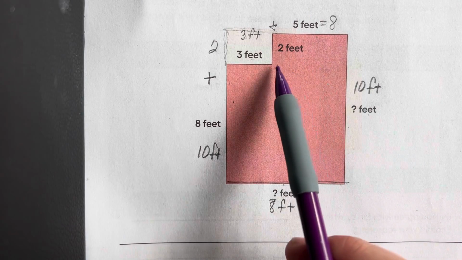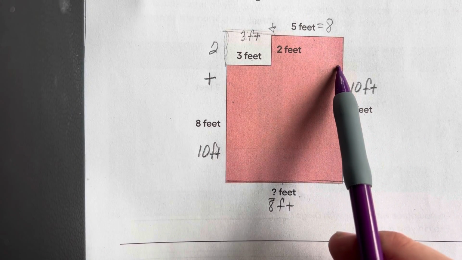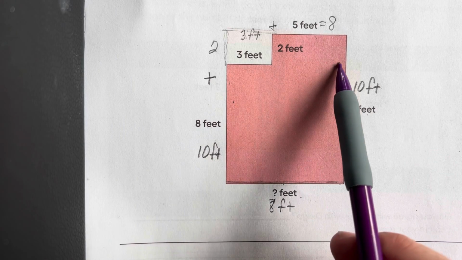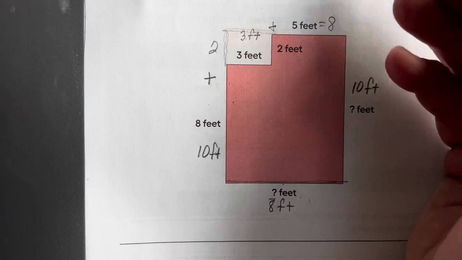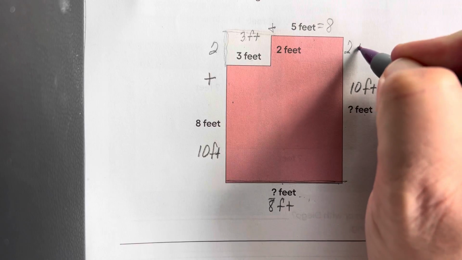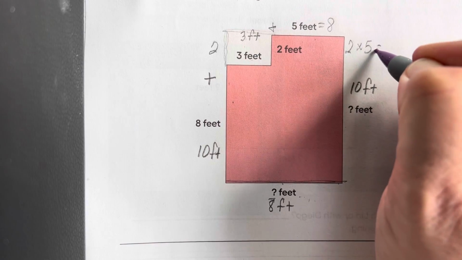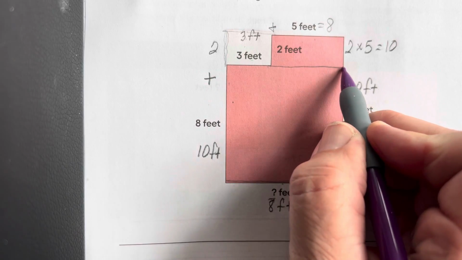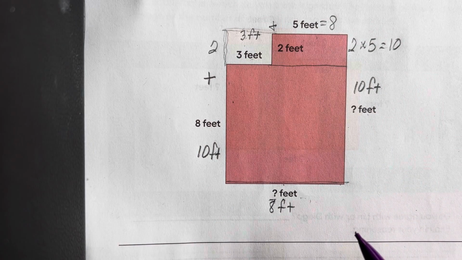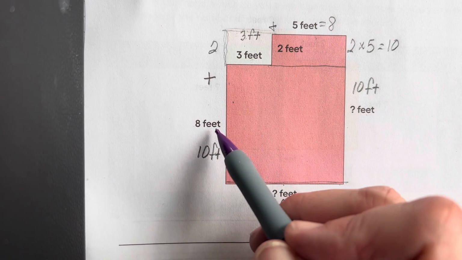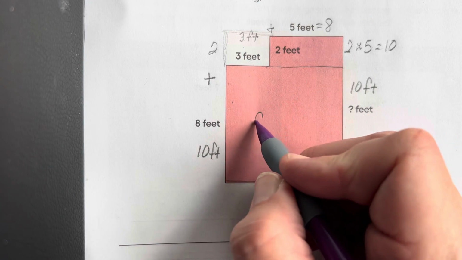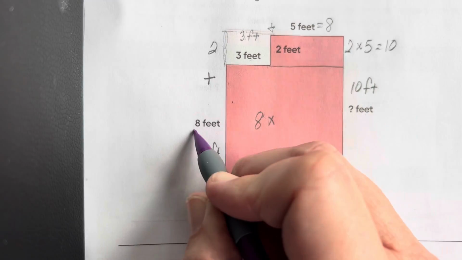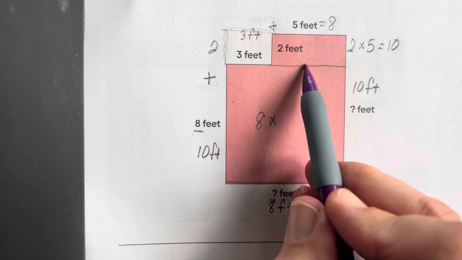That's where we go to the idea of dividing this in half, or not in half. If we divide this part right here, I can say 2 times 5 equals 10. So that's for this part right here. And then I can take this side right here. I could say 8 feet right here times whatever this whole thing was.